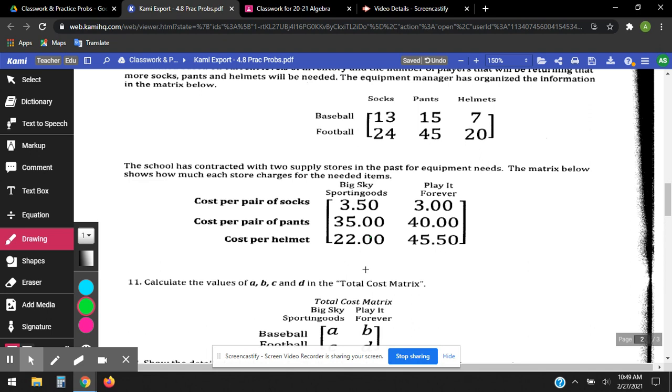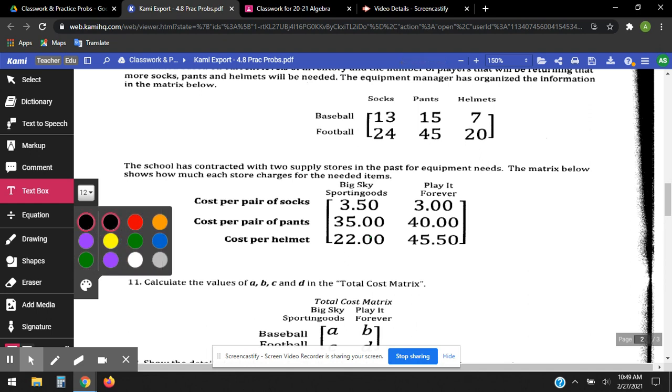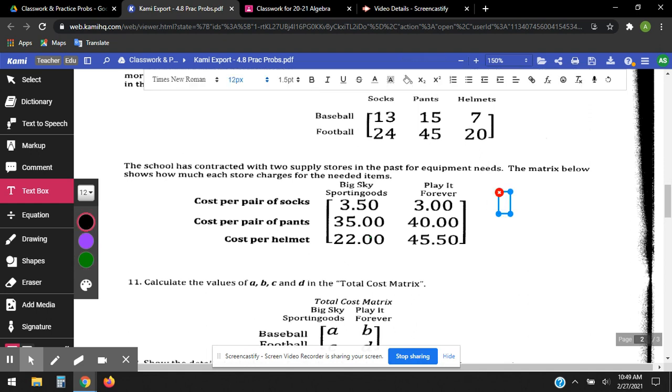Basically, let me go ahead and redraw this one down here. Let's do it in black so it matches. I'm going to bring these guys down here so it's easier to see. So we have 13, 15, 7. Then we have 24, 45, and 20. And let me go ahead and put some labels in here.